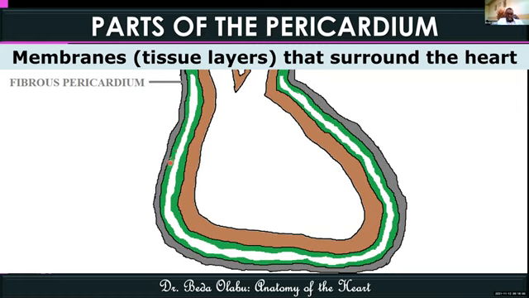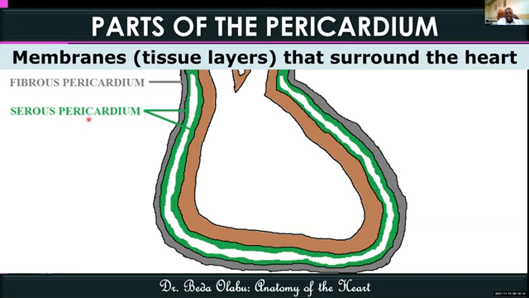You notice that this layer outlined in green lines the inner surface of the fibrous pericardium, and then it reflects to line the outer surface of the myocardium. This green layer is known as the serous pericardium.